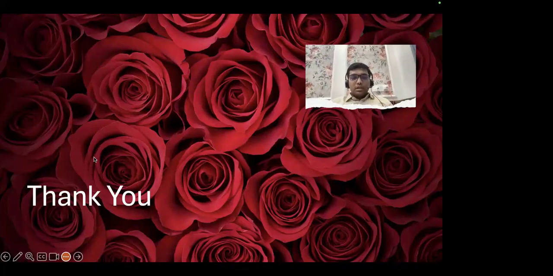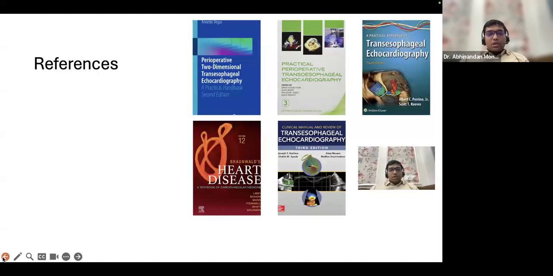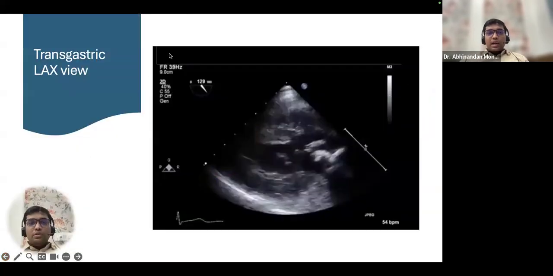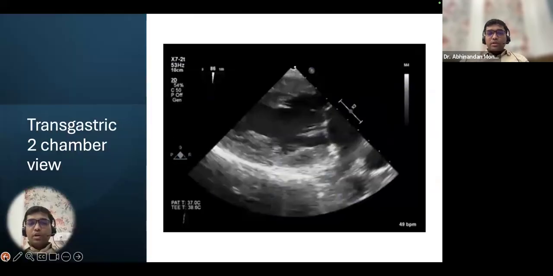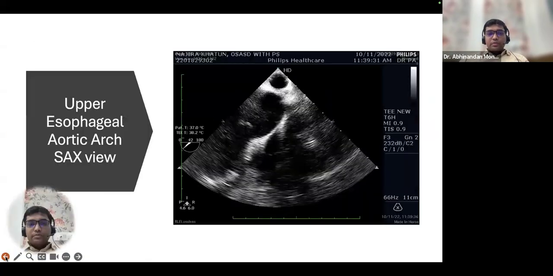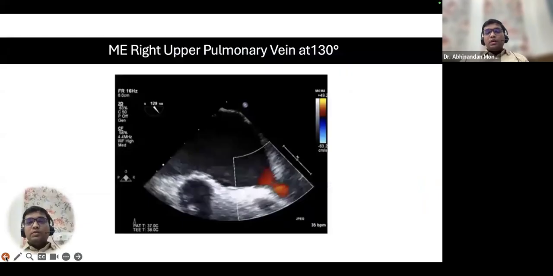Yes. Now, I want to be very clear about how to differentiate the coronary sinus and the IVC in your bicaval view. Let me go to that image, it will be easier for you to understand. Usually the IVC is much wider and has a larger diameter than your coronary sinus at first.